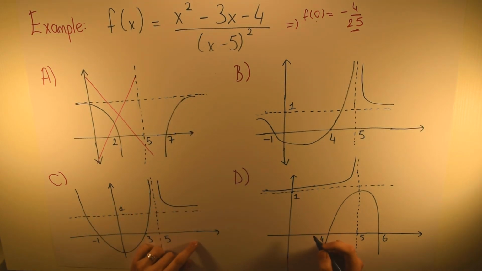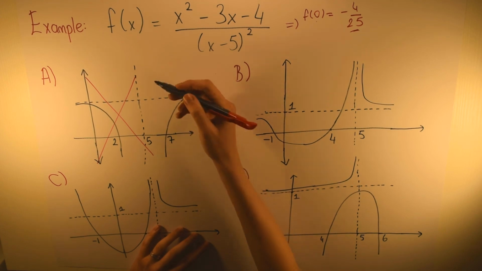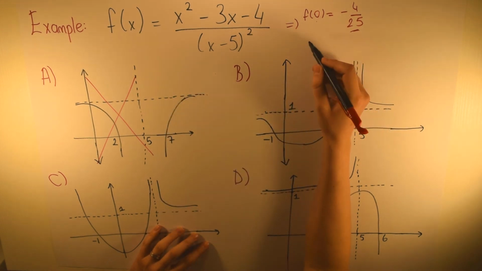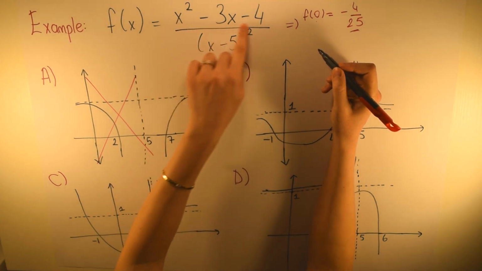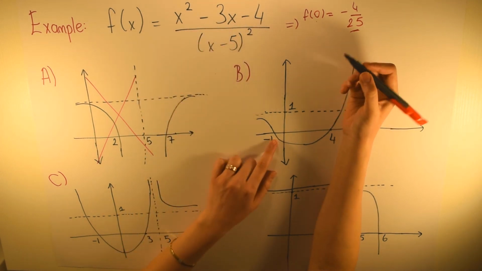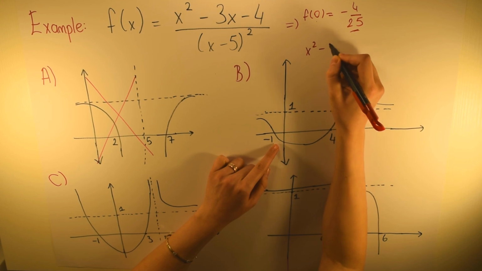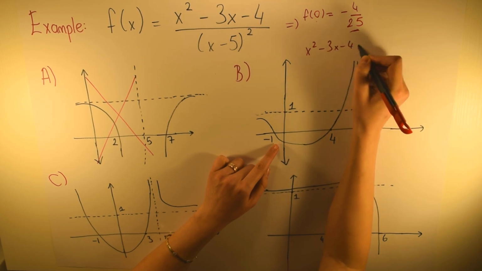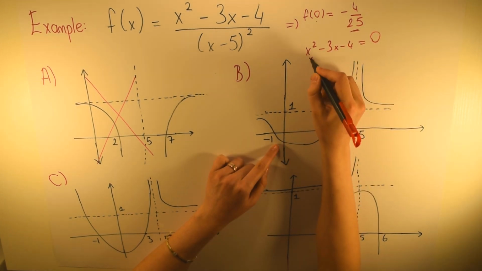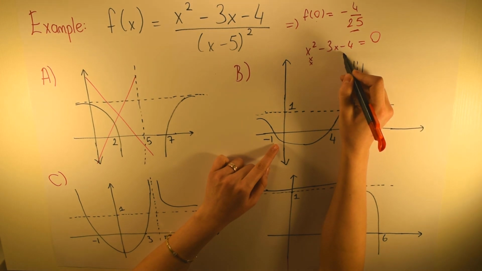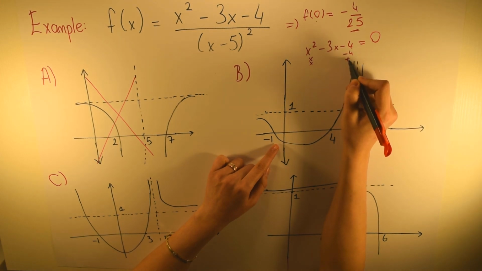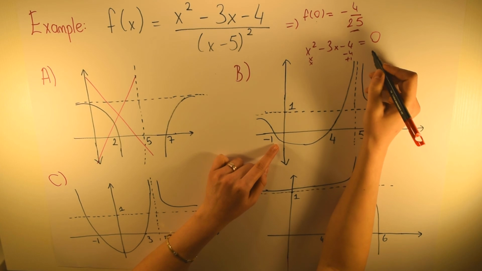Now let's give 0 to y. If y is equal to 0, then this numerator has to be equal to 0, right? So x squared minus 3x minus 4 is equal to 0. So here x, and here it is minus 4 plus 1.